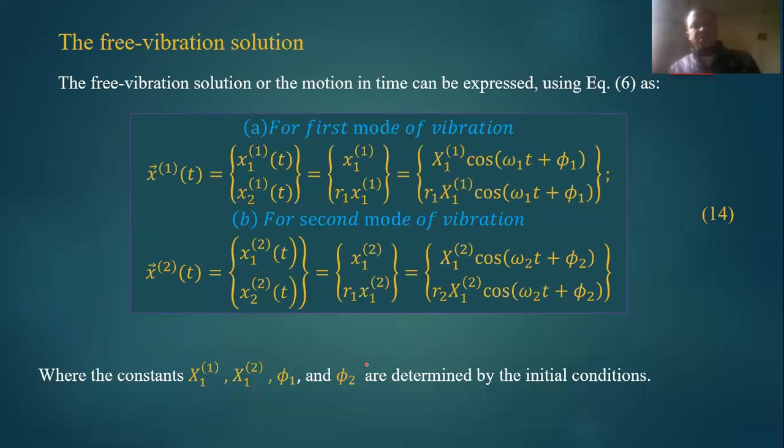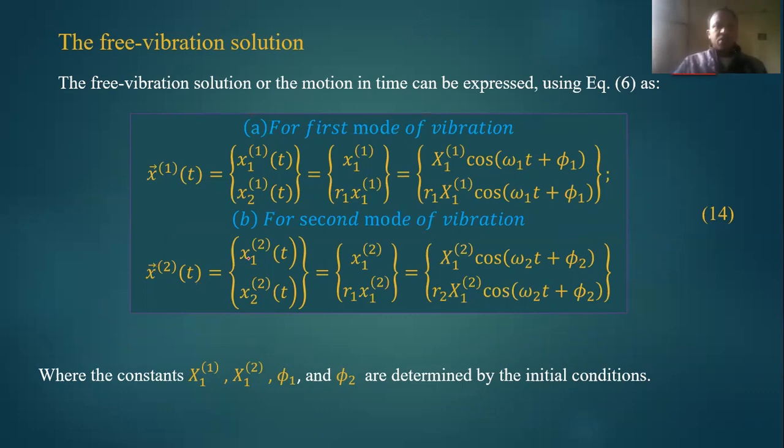Finally, the free vibration solution: just substituting these equations here, we can obtain the free vibration equation. So X1 cos(omega 1 t + phi 1), and X2, sorry. In the first mode it is 1, in the second mode it is 2.